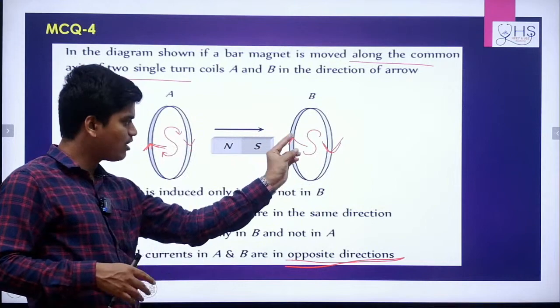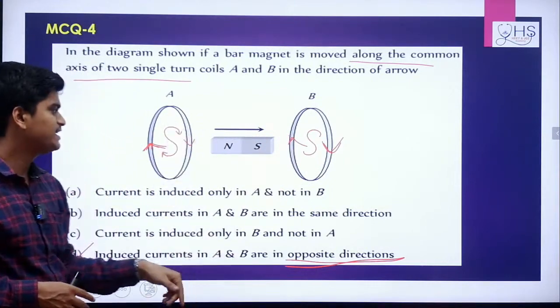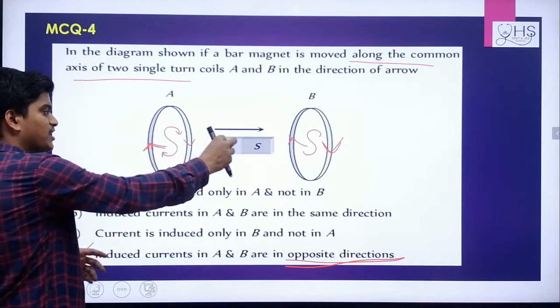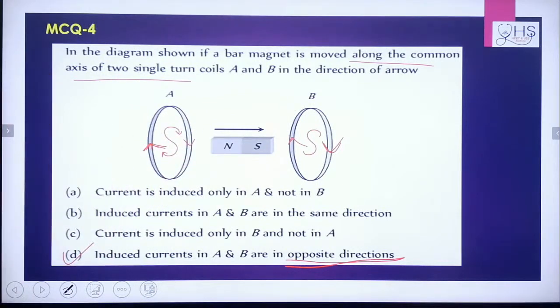When the north pole is going away, flux decreases, but the coil will try to increase the flux, which is why it will attract. Remember these statements. I hope you understand. So your answer is: induced current in A and B are in opposite directions.